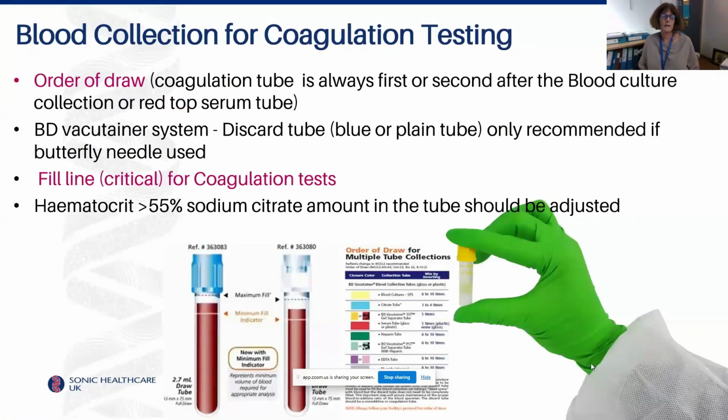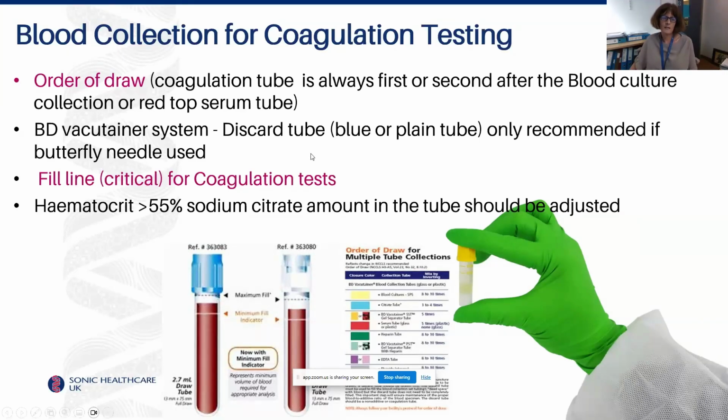When we collect the blood, a coagulation tube should be collected second, after the blood culture bottle. If you're doing a lot of different collections like full blood count and U&Es, the coag must be collected before those two tubes.